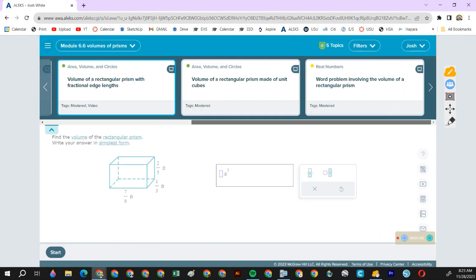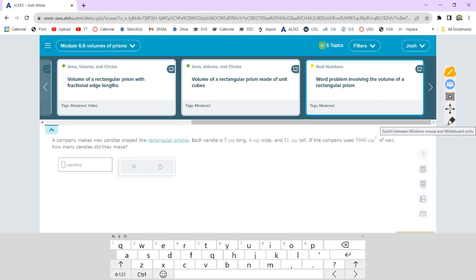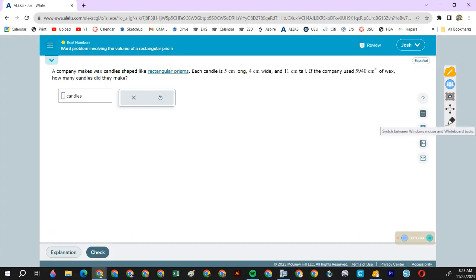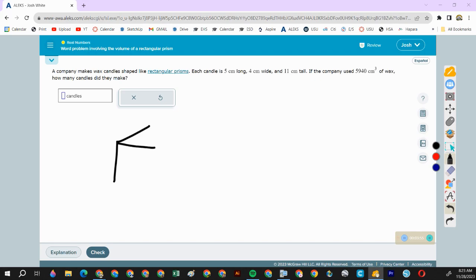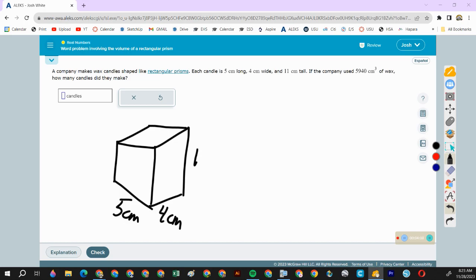So this problem's a little bit harder. A company wants to make wax candles that are shaped like rectangular prisms. Each candle is 5 centimeters long, 4 centimeters wide, and 11 centimeters tall.